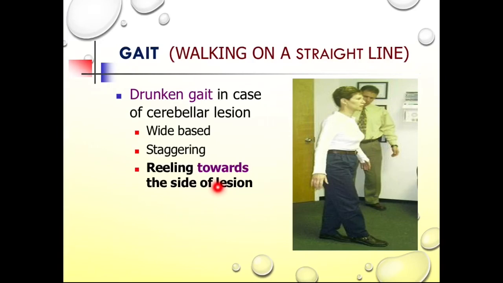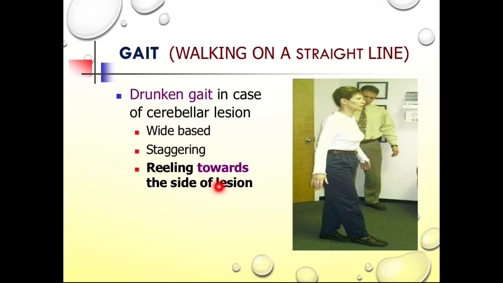Why? Because although the person is suffering from a dorsal column lesion, he is still able to walk in a straight line with the eyes open, because when the eyes are open, the sensation of how to walk is coming through the visual pathway. As soon as you cut the visual pathway, the dorsal column is already affected.